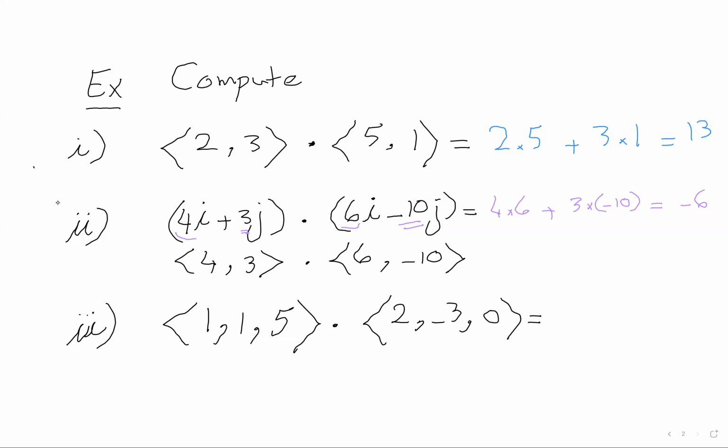First coordinate times first coordinate, 1 times 2, plus 1 times negative 3, plus 5 times 0. So the final answer, which is just a number, is negative 1. So the dot product of these two vectors is just negative 1.